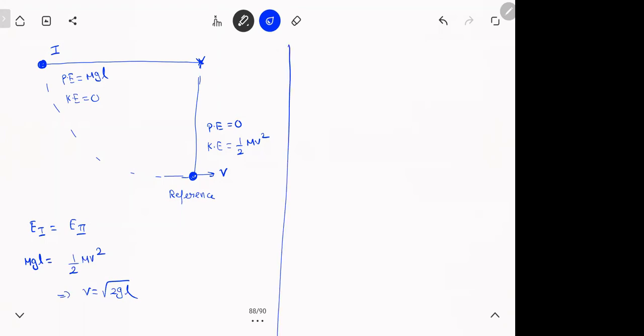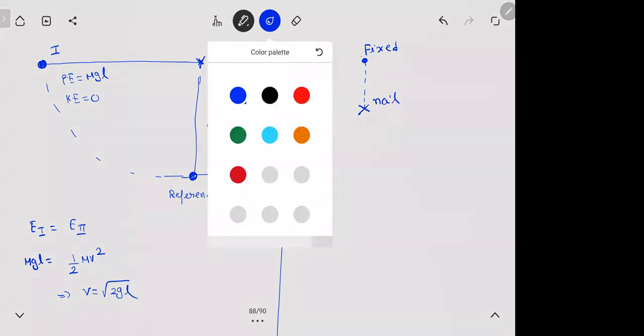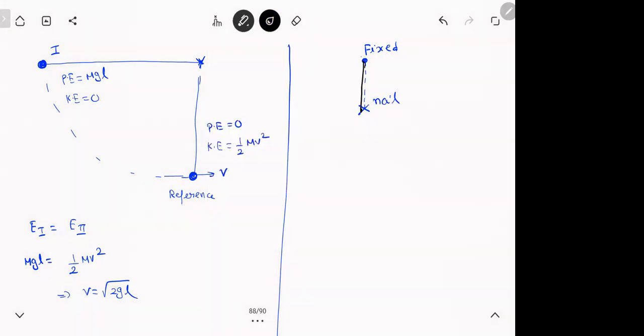Now see what happens. So this is your fixed point, and there is a nail here. So think of it now. When the string comes and hits here, what will happen? This string will get fixed. This can't move, and this will rotate now about a circle.